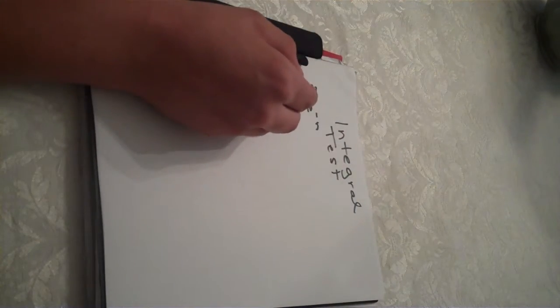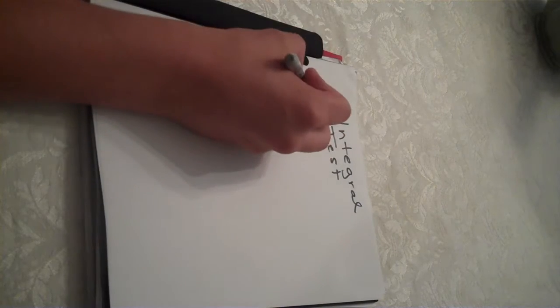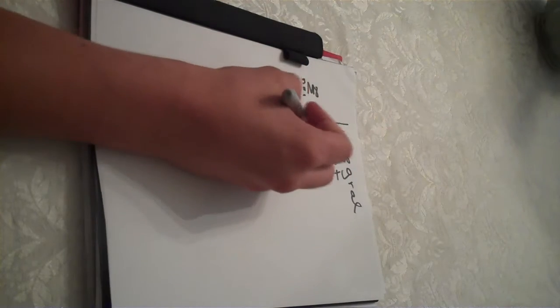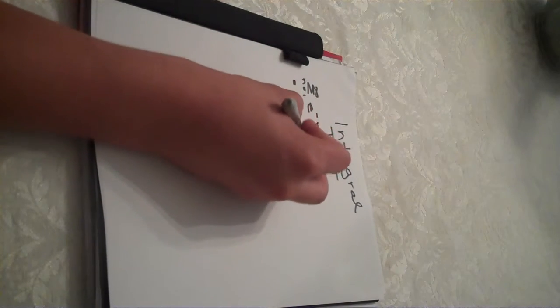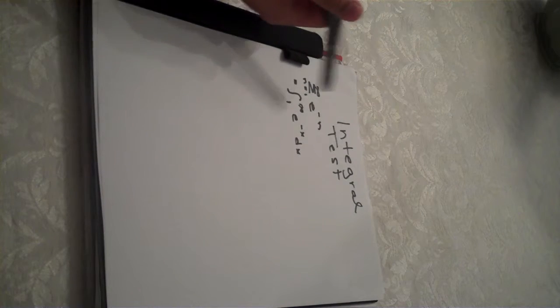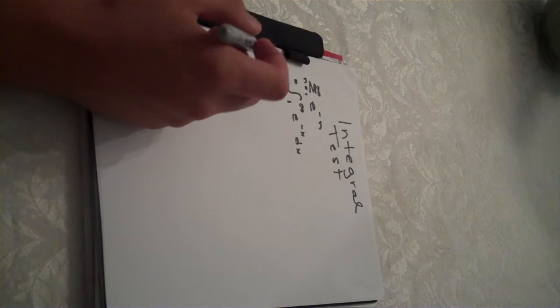So I'm going to rewrite this series as an integral, and that would be the integral from 1 to infinity of e to the negative x dx. And now this is an improper integral, which is why we have to use the integral test to tell if it converges or diverges.